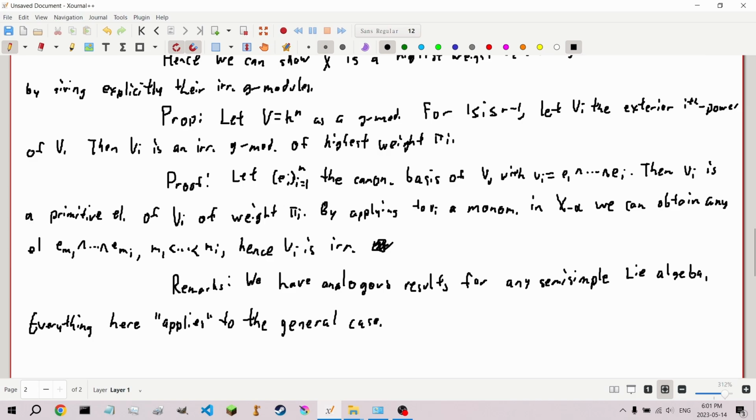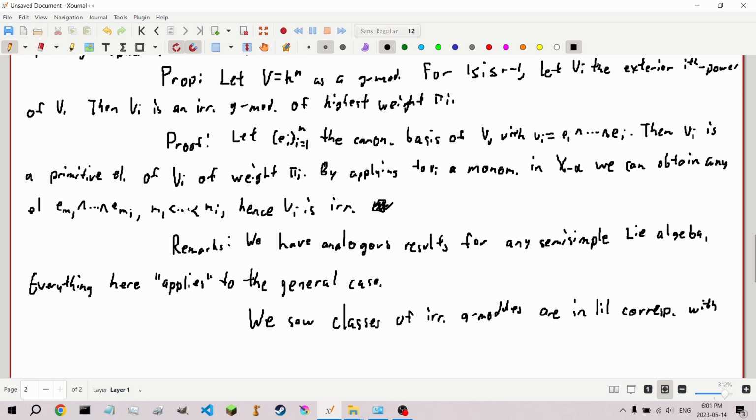And we saw that the classes of irreducible G modules are in one-to-one correspondence with the systems of n minus 1 positive integers.